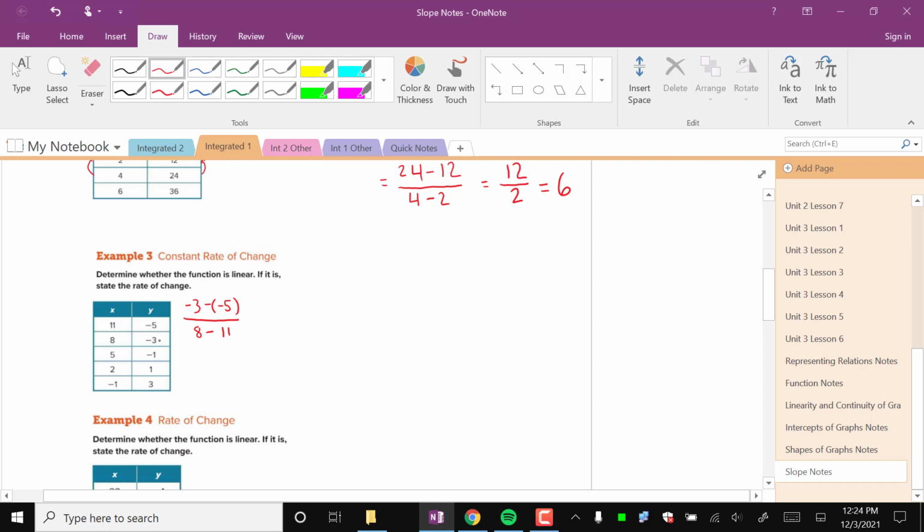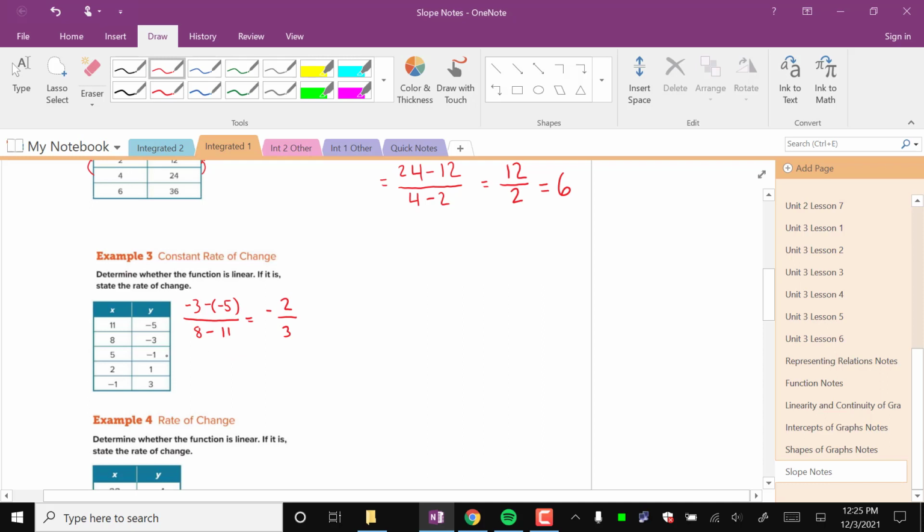So again, negative 3 minus negative 5 gives me positive 2. 8 minus 11 gives me negative 3. So that's the first one.